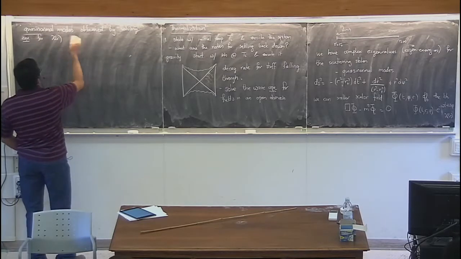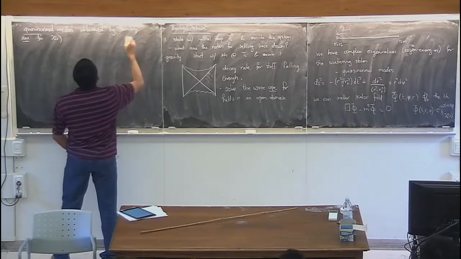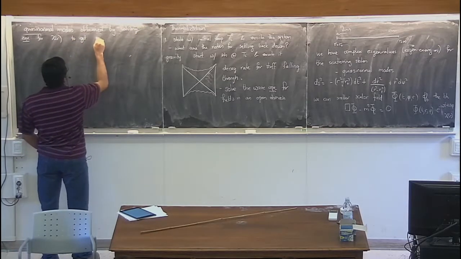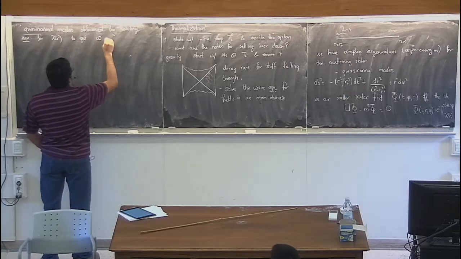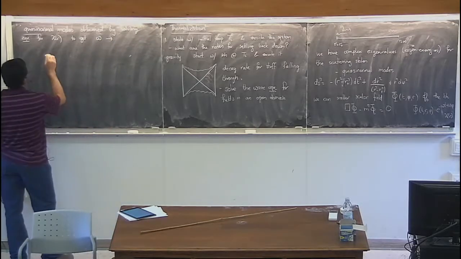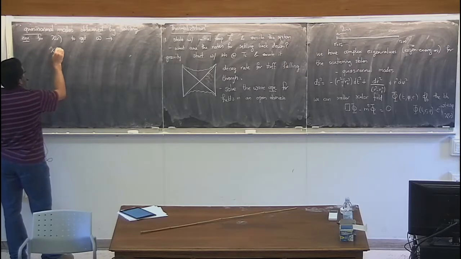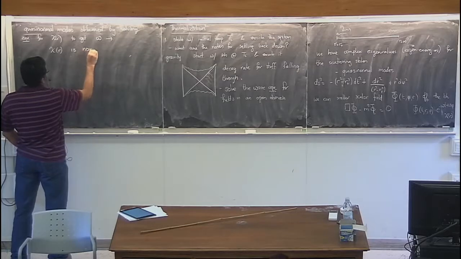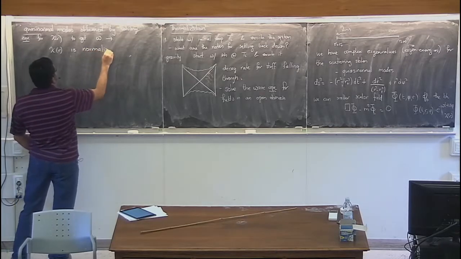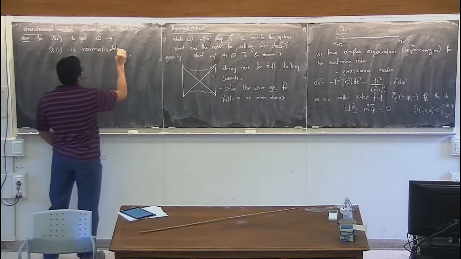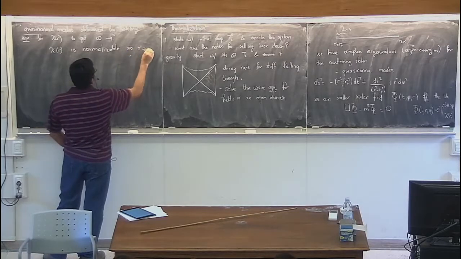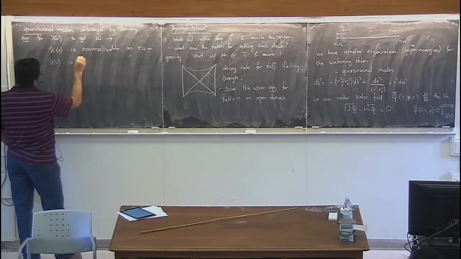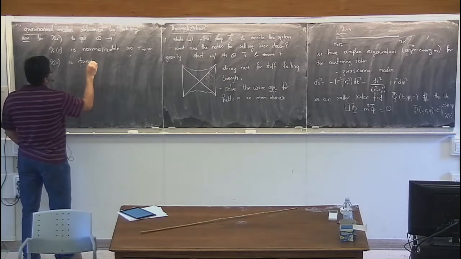You solve to get eigenfrequencies omega such that the boundary conditions are: chi of r is normalizable as r goes to infinity, and chi of r is purely infalling into the horizon.